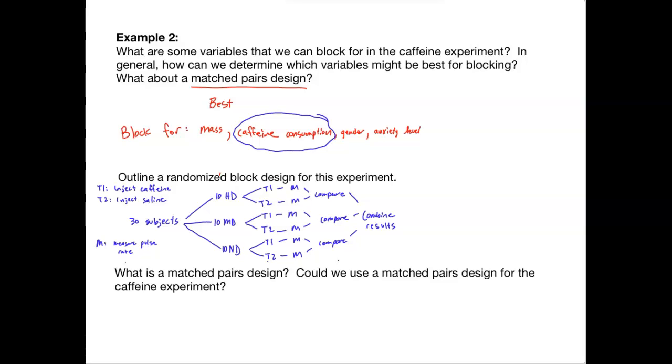All right, we already talked about how you could use a matched pairs design. So matched pairs would be each subject is their own block and receives both treatments.